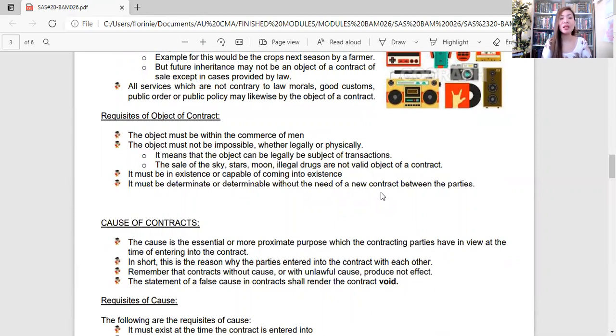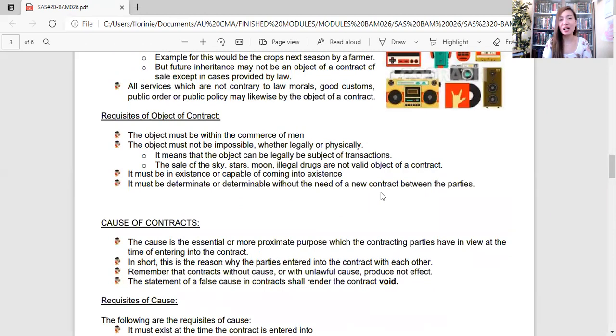Next, the object must not be impossible, whether legally or physically. Legally impossible, example nito yung mga illegal drugs. Hindi nyo yan pwedeng gawing object ng contract of sale. Ma'am, di ba nagbebentahan naman po sila ng illegal drugs?